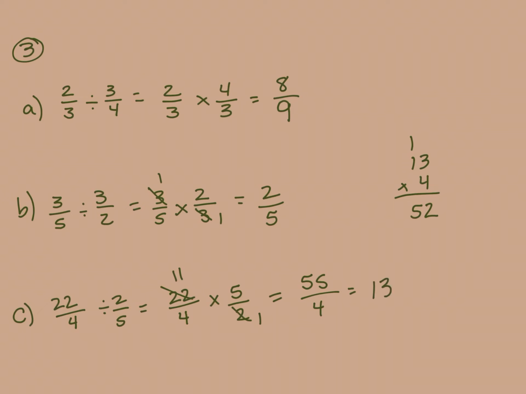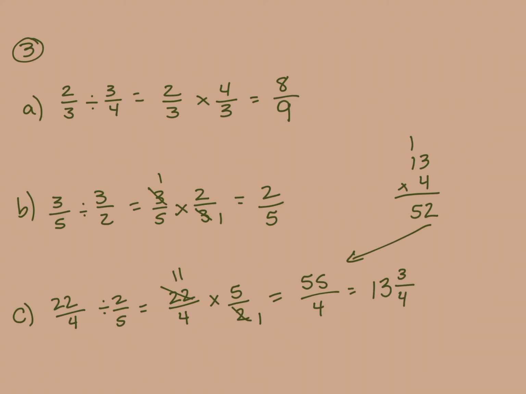So I'm guessing it's going to go 13 times. And then the difference between 52 and 55 is 3. So there's 3 extra pieces. 13 3/4.